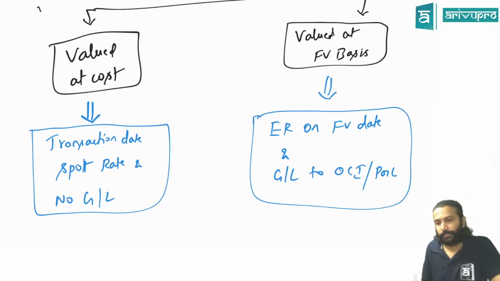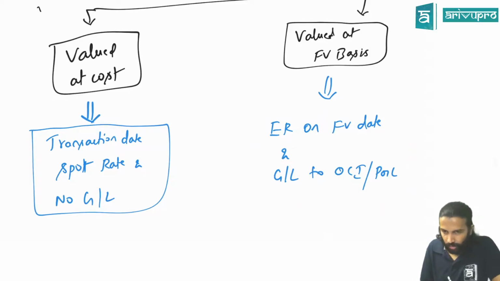Yes, no? You want me to write that? Or is it okay if I stop it at OCI, P&L? If you want, I can write: if investment is valued at FVTOCI, then the gain or loss goes to OCI.